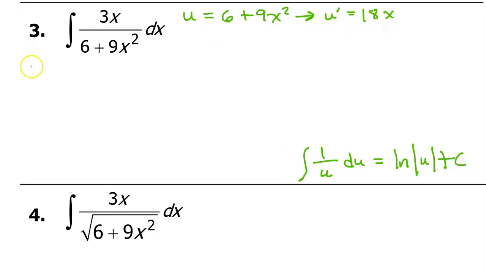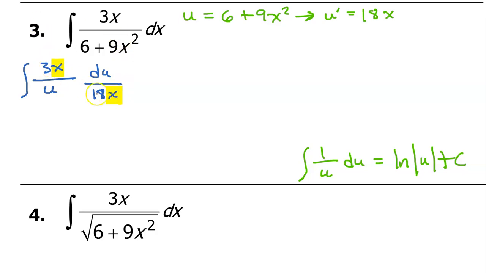Let's make the substitution and see what happens. So I have 3x over u. Then instead of dx, we will write du divided by u prime, or 18x. Notice that we have an x in the numerator and an x in the denominator.